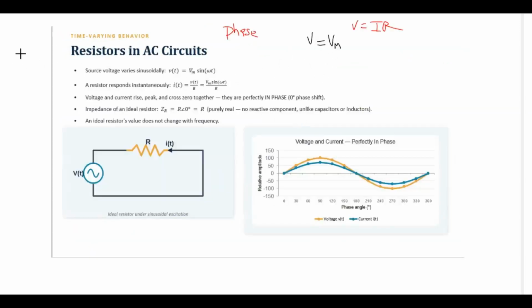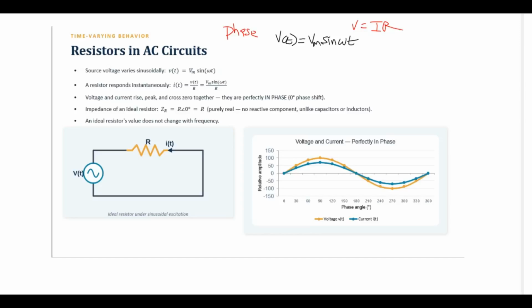So the voltage in an AC circuit, let's be more precise with our notations. The instantaneous value V of t is equal to the maximum value Vm sine omega t.